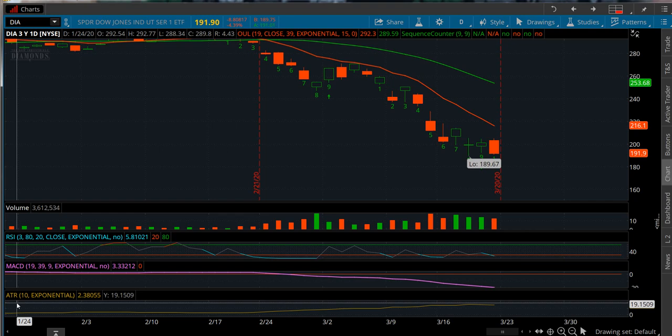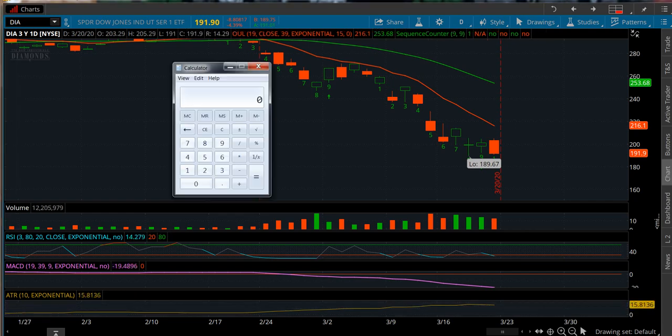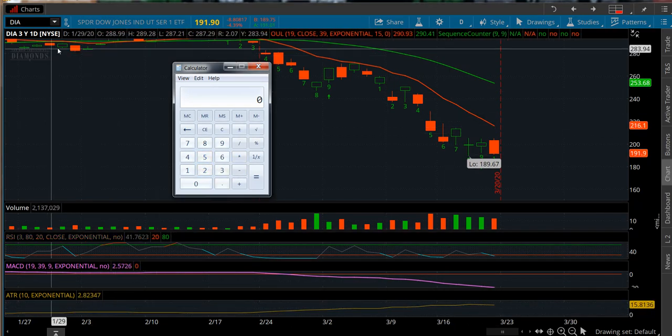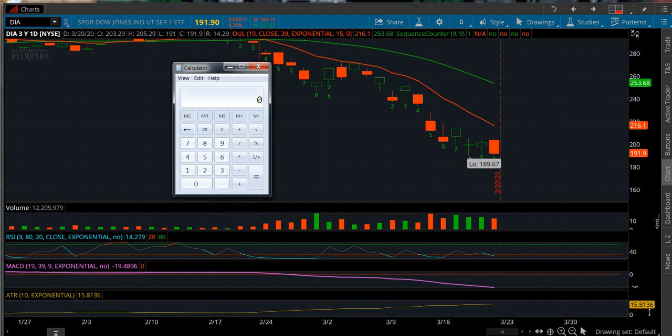What I do is I take the average true range and I take it times 0.618. So the average true range right now for the Dow Diamonds is $15.81. I multiply that times 0.618. 0.618 is a Fibonacci number.